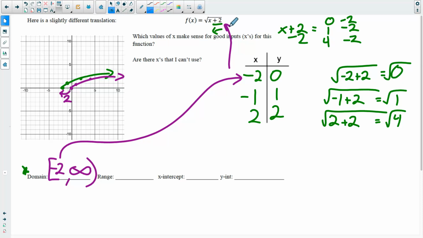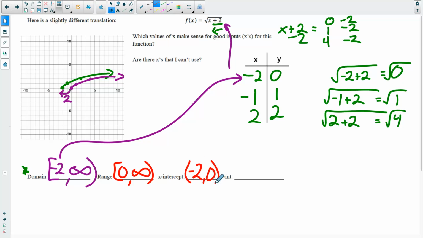Okay? Now, the range. What's my range? 0, positive infinity. And so the range did not change. It's the same as the mother function, right? It is not affected by what goes on inside the square root. X-intercept, negative 2, 0.